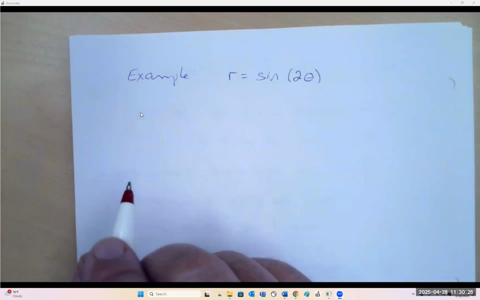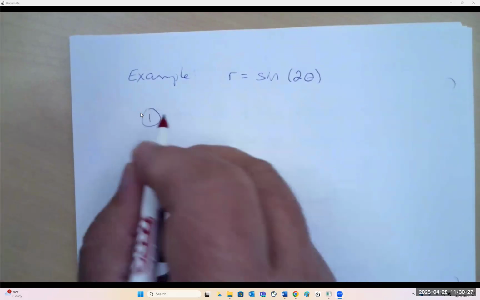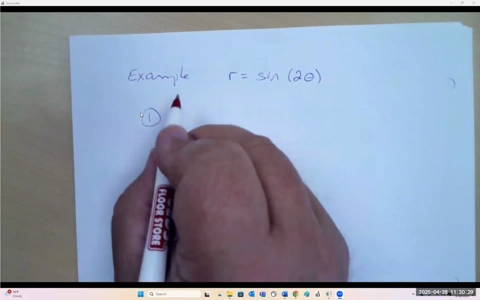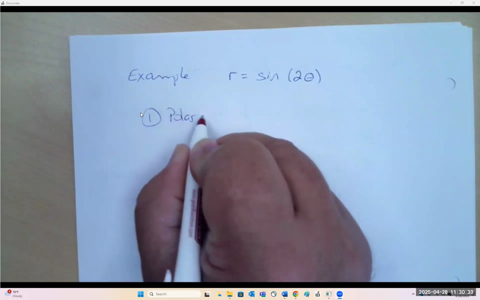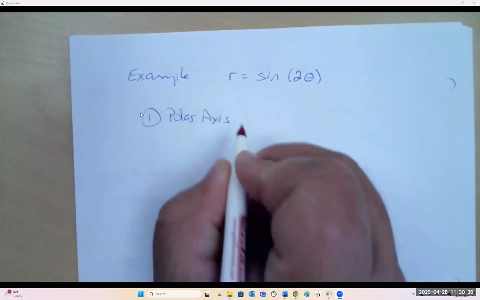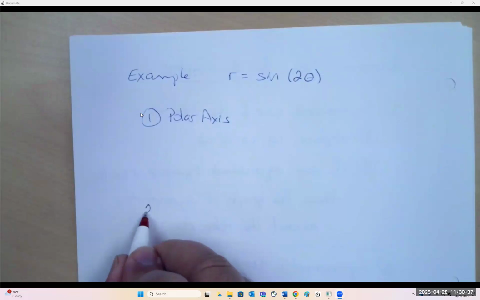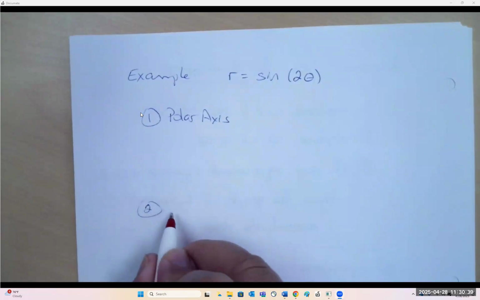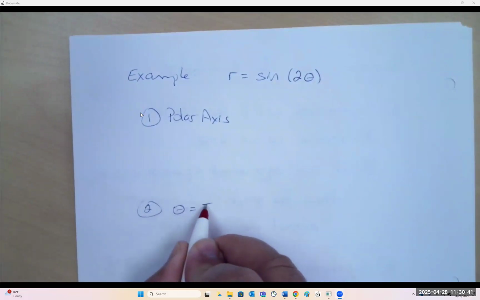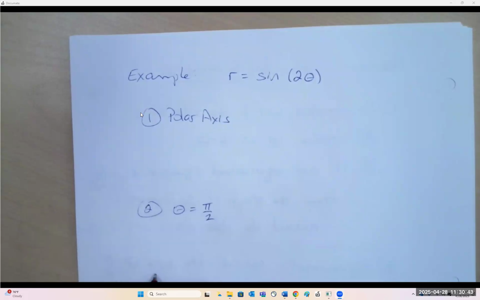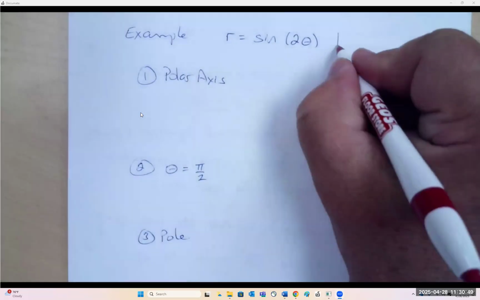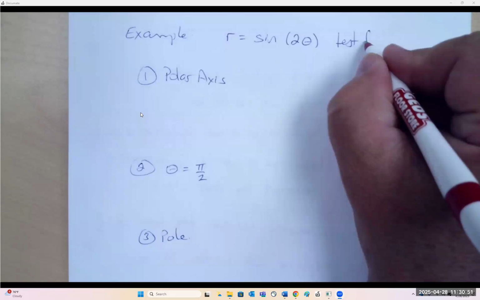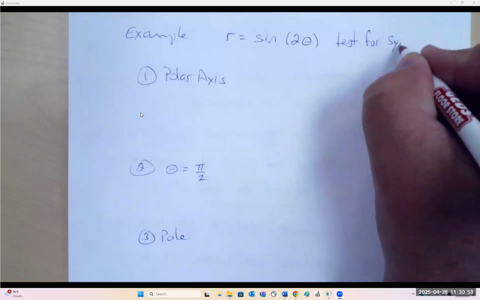Is it symmetric about the polar axis? Is it symmetric about theta equals pi over 2? Is it symmetric about the pole? Test for symmetry.